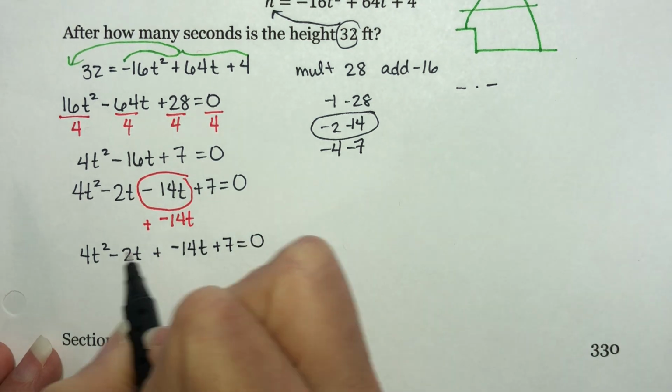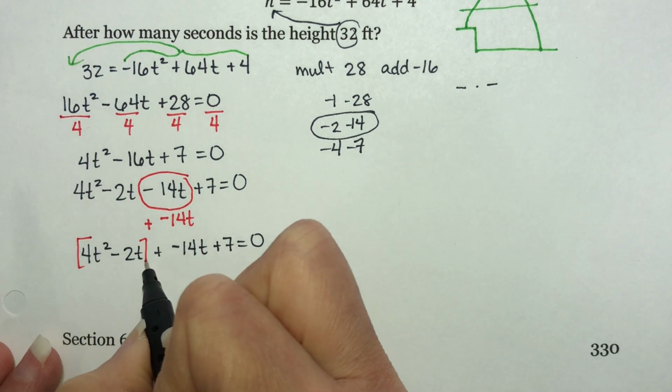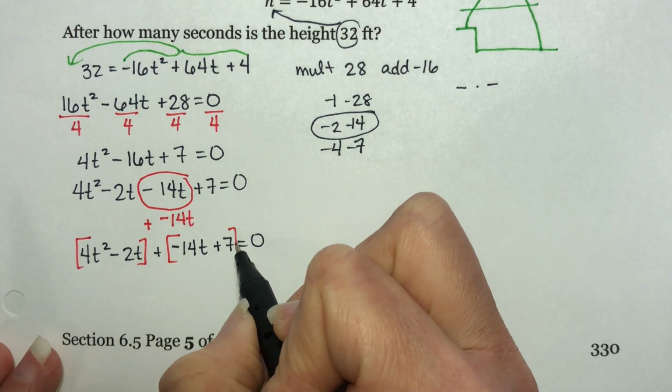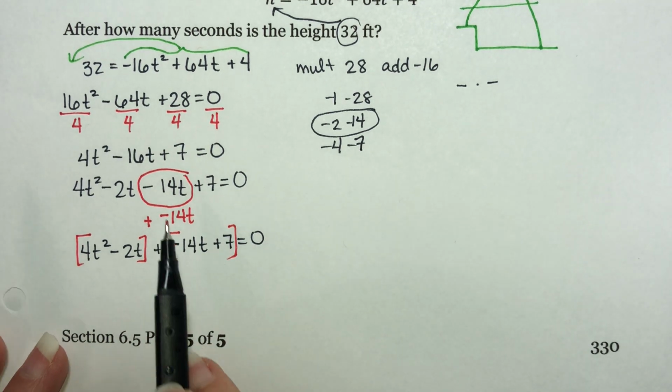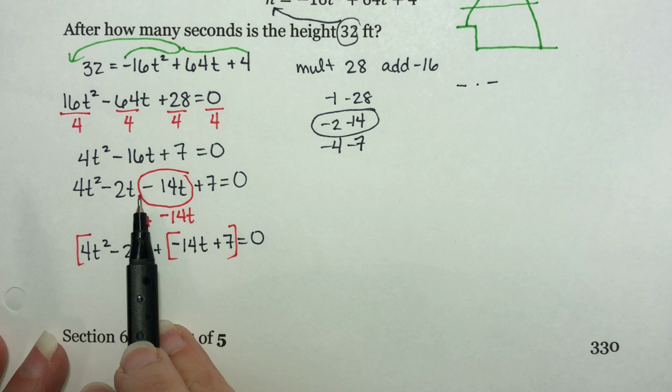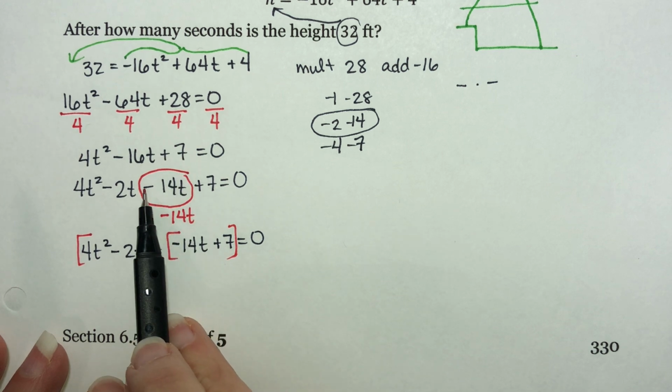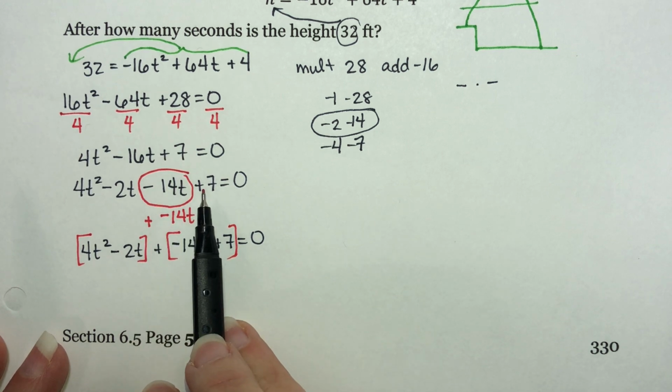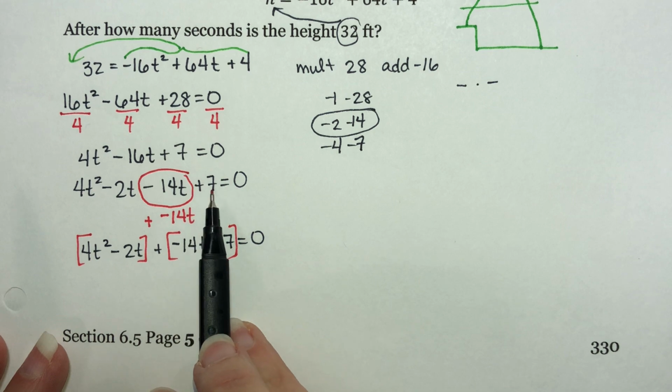And now, because this is the plus sign, I can put in my brackets. Now, why was it so important? It's because if I put a bracket right here with the negative on the outside, that would indicate that this negative should be distributed, and it would change this to a minus sign, and we can't have that.